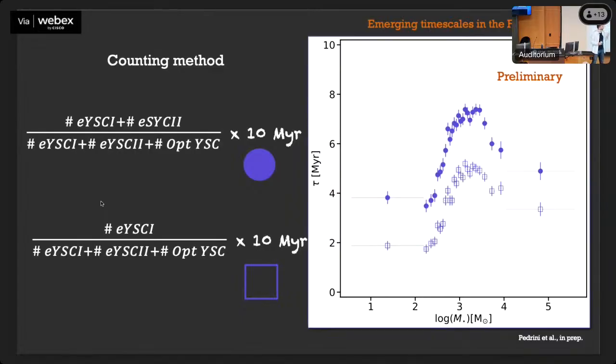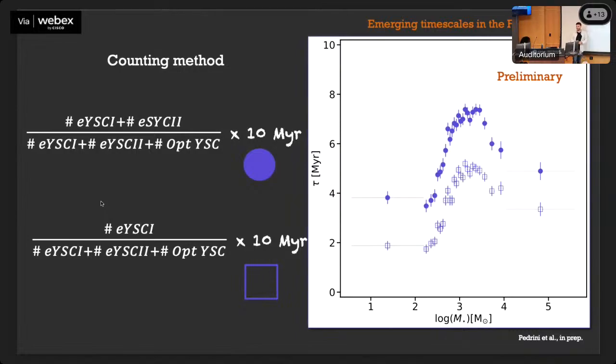This means that higher mass clusters present a lower timescale to become exposed. We're discussing a lot what the implications of this are and what the reason can be, but this seems to be a clear trend in our galaxies.